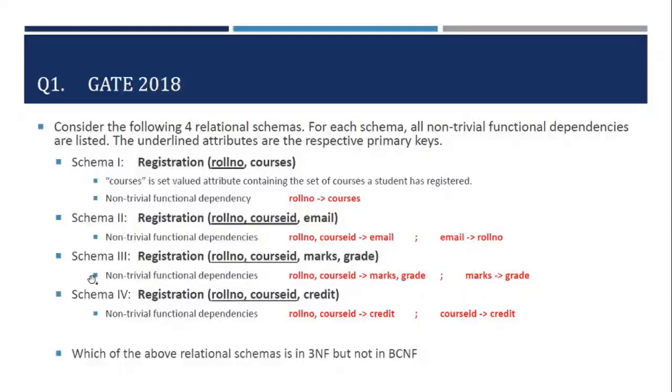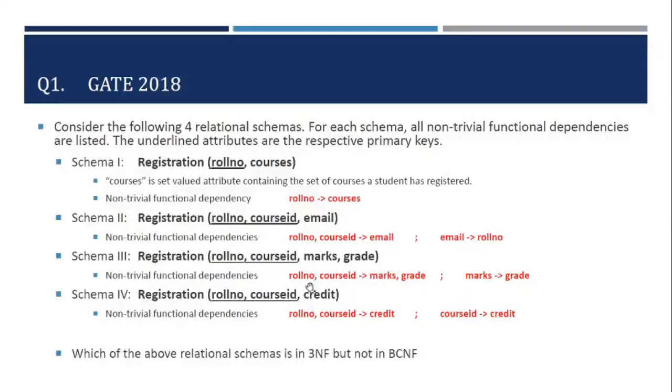And in third schema, not only we have roll number and course ID, but also the marks that have been obtained in each of these courses by a particular student. And these marks can also have a grade, something like 90 and above is S grade, and say 80 and above is A grade, and so on.